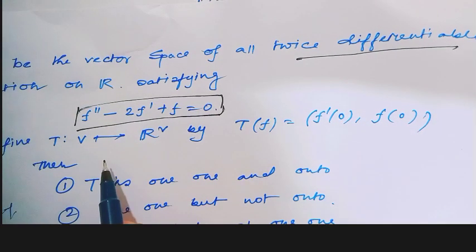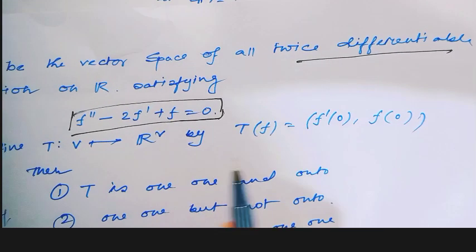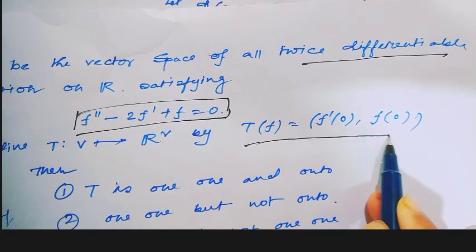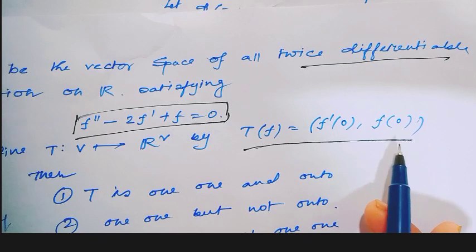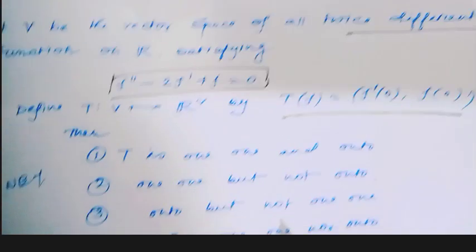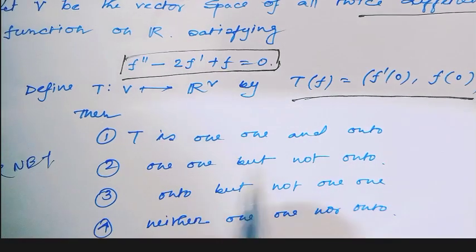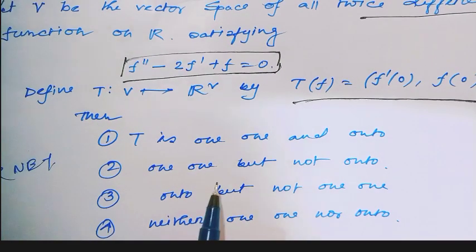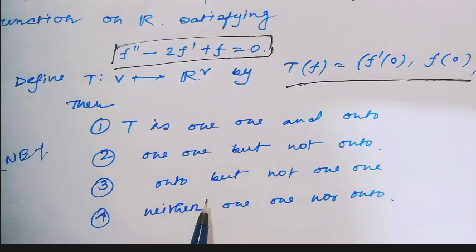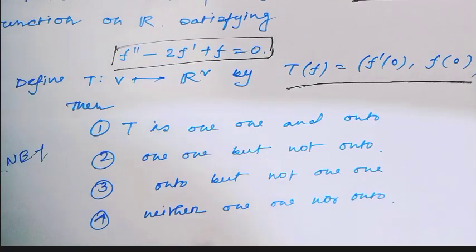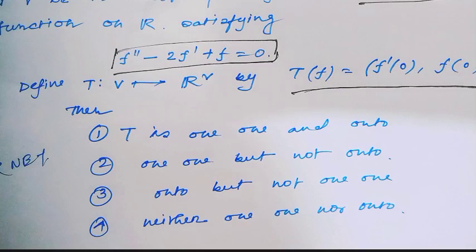Now define a linear transformation T from the vector space to R2 by T of f equals (f prime of 0, f of 0). Now my question: option 1 says T is 1-1 and onto. Option 2 says T is 1-1 but not onto. Option 3 says T is onto but not 1-1. And option 4 says T is neither 1-1 nor onto.